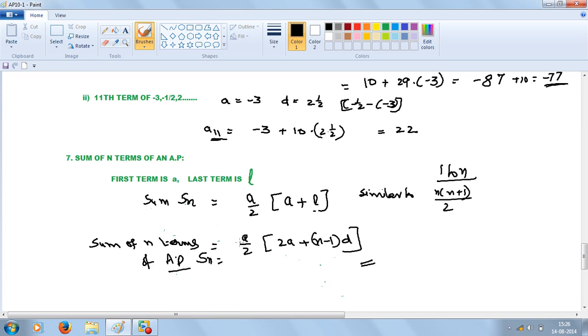It is n by 2 multiplied by 2 times the first term plus n minus 1 multiplied by D. This formula we have to remember, and we can prove this formula also in a similar manner to the sum of n terms.